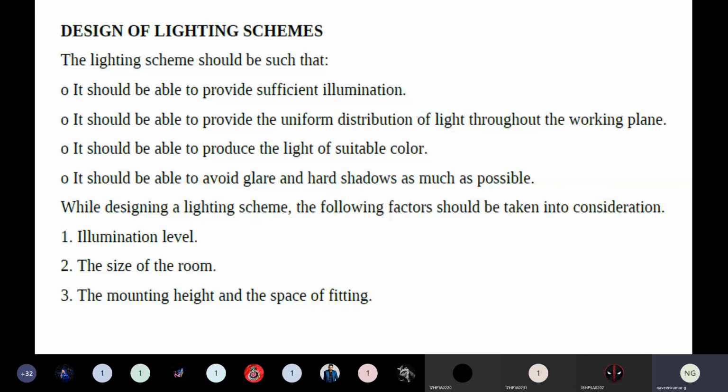Different industrial applications and domestic applications require different kinds of colors. So it should satisfy that, and it should be able to avoid glare and avoid hard shadows as much as possible. All these aspects should be taken care of in designing your lighting schemes.